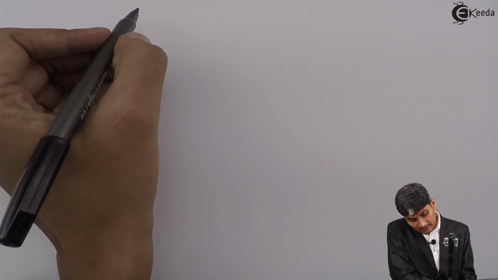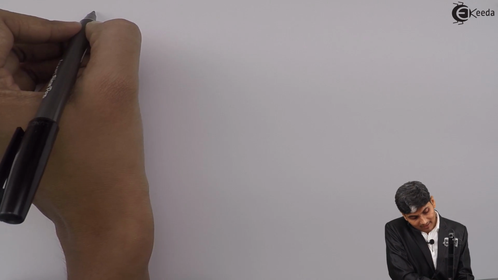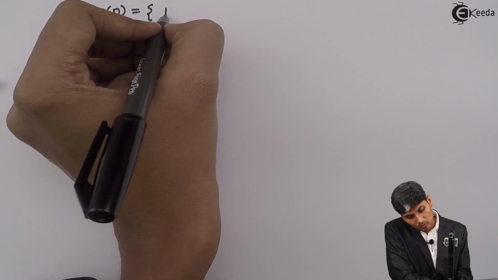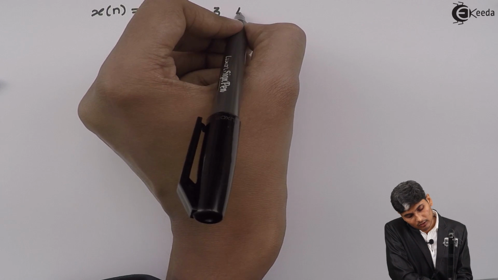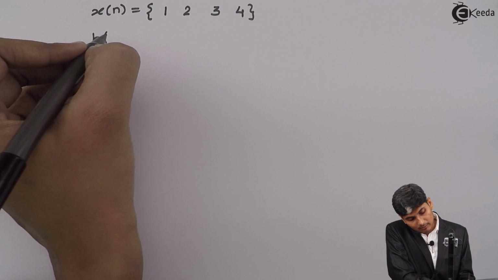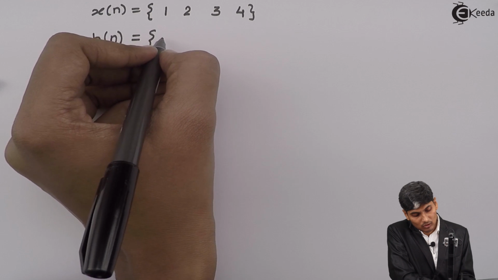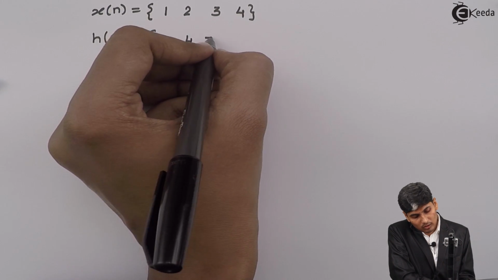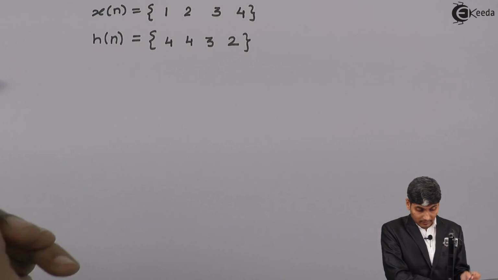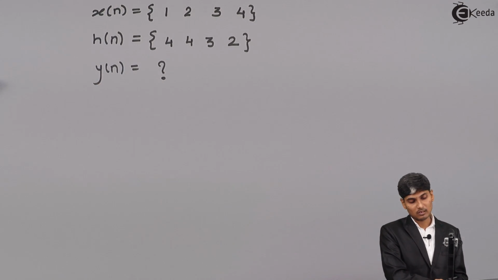Let us see one example of how to apply a convolution. I have a signal whose input x of n is 1, 2, 3, 4, applied to a system with a response h of n as 4, 4, 3, 2, and I want to find its output, that is y of n equals question mark.